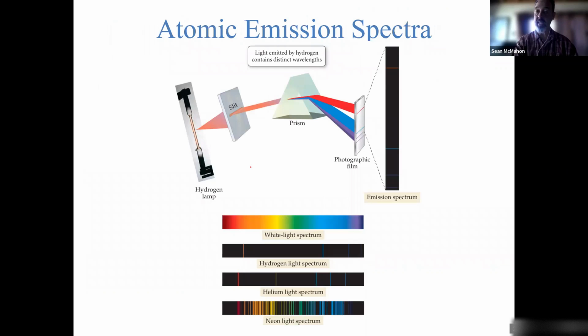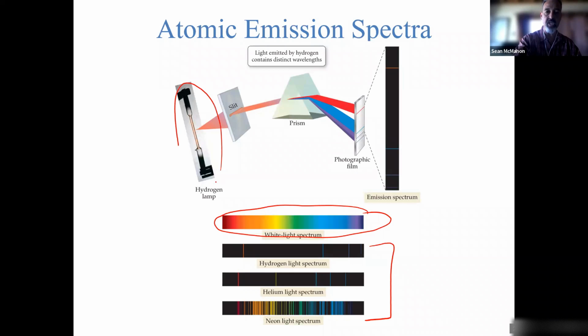So the unique thing we learned from light is that, unlike white light, which is a continuous spectrum of all the different energies, when elements absorb energy and release light, and we put it through a prism and a slit, we get distinct lines. Those distinct lines are called the atomic emission spectrum, and they're essentially a fingerprint.